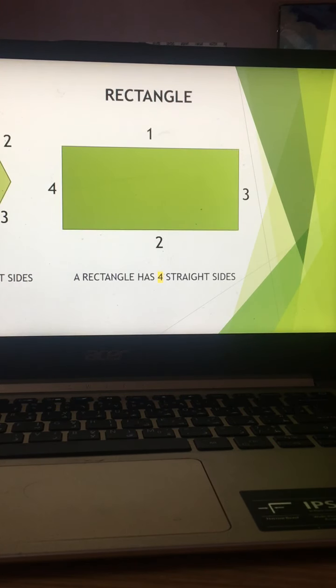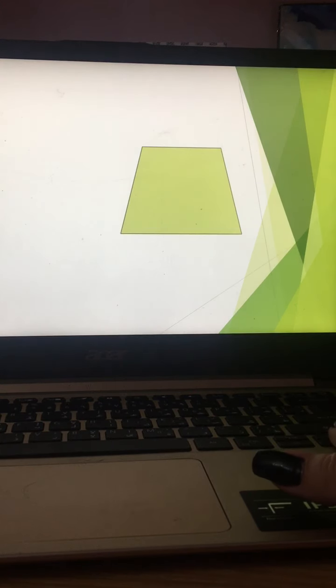Let's move on to the third shape that we are going to discuss today. This is the square.